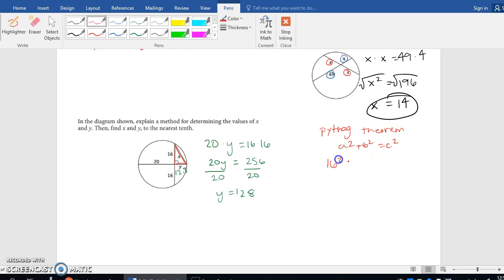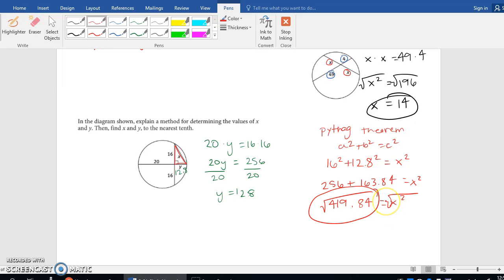So we've got 16 squared plus 12.8 squared equals x squared. 16 squared is 256. 12.8 squared is 163.84. Add those together, you get 419.84 equals x squared. Square root, which is approximately 20.5. But we're just going to leave it as our radical, and x is equal to the square root of 419.84.